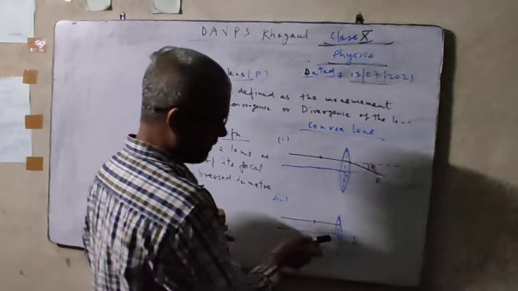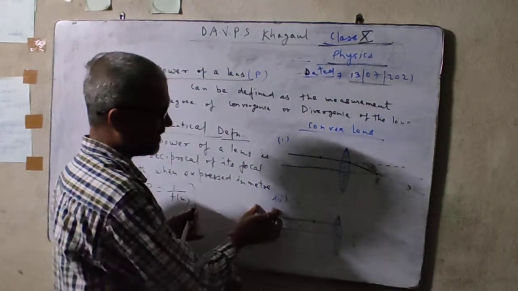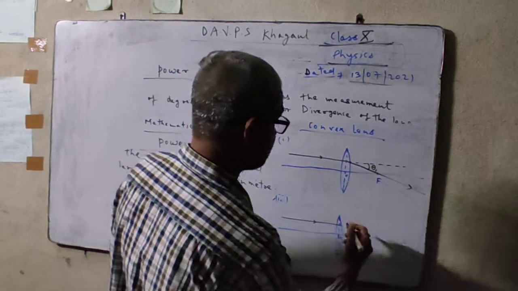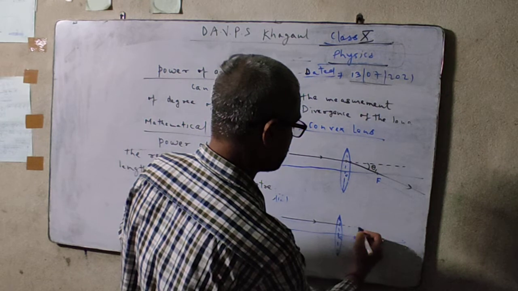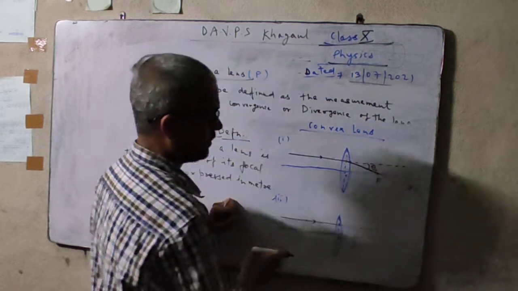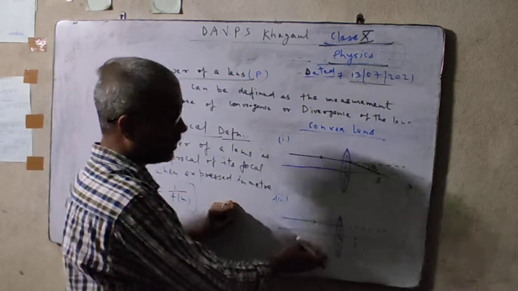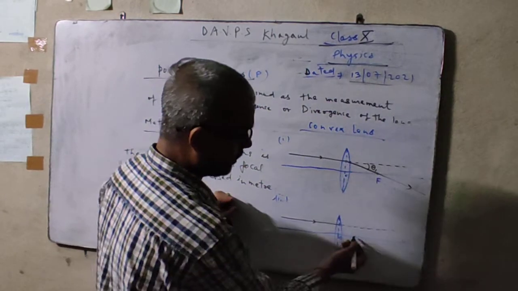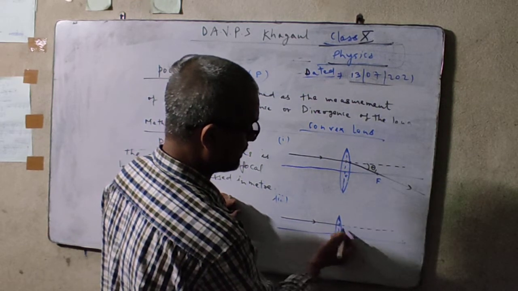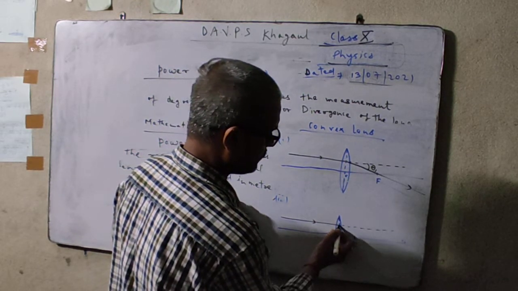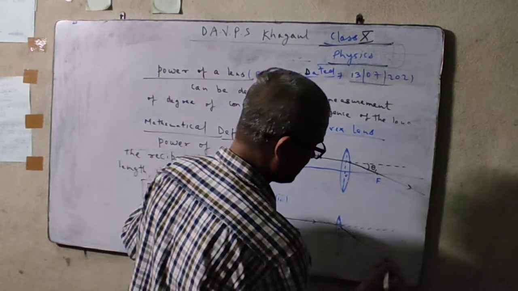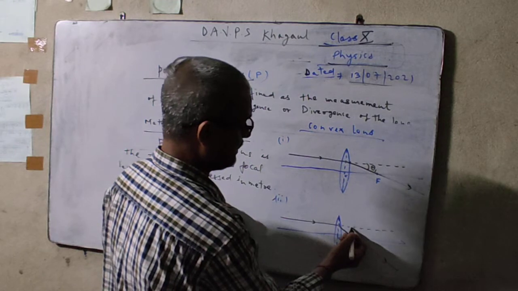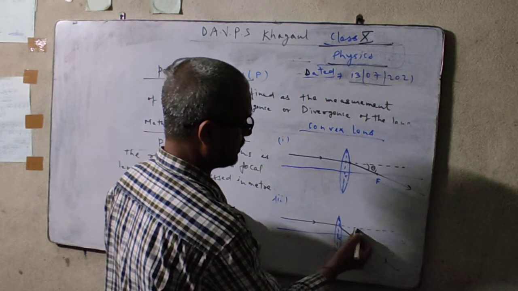Okay, now see what happens in convex lens 2. If there would be no convex lens, light rays would have traveled straight. Now due to the lens, it is passing like this. So now see, this is the angle θ2.